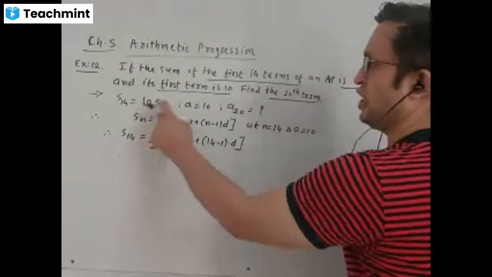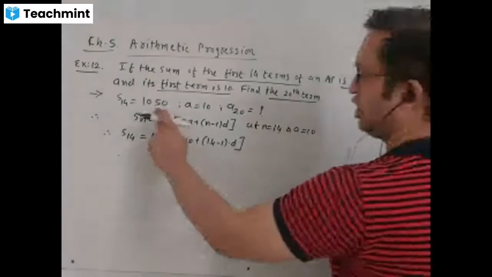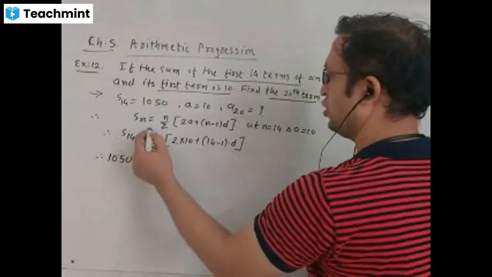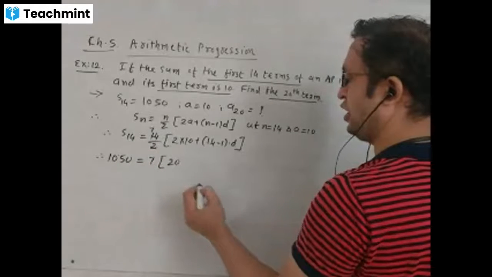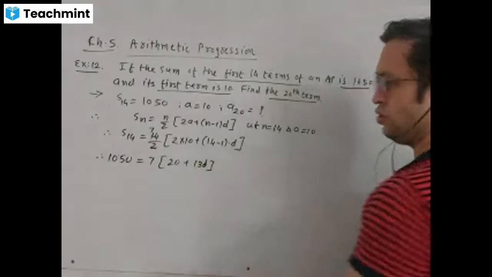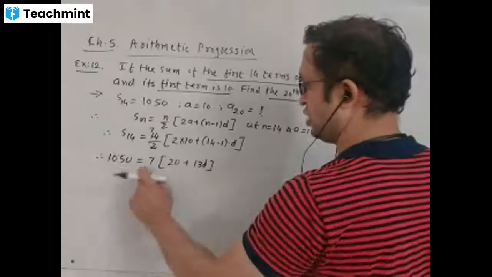The value of S14 is 1050. 2 sevens are 14. 2 into 10 is 20, 14 minus 1 is 13 into d.